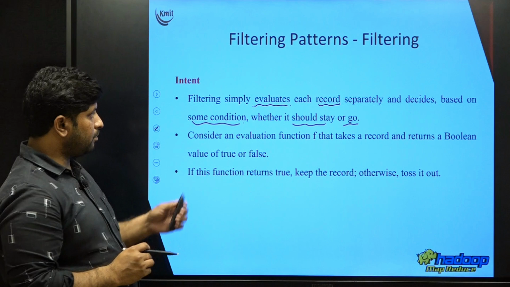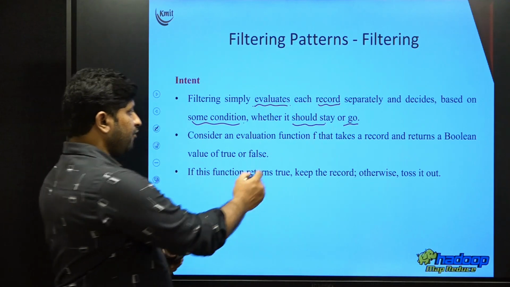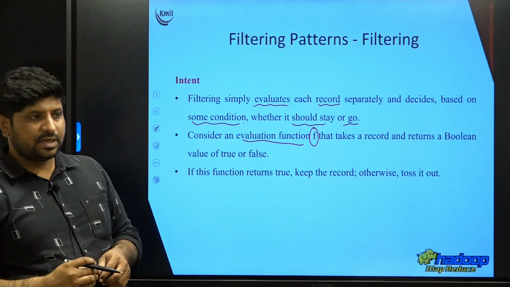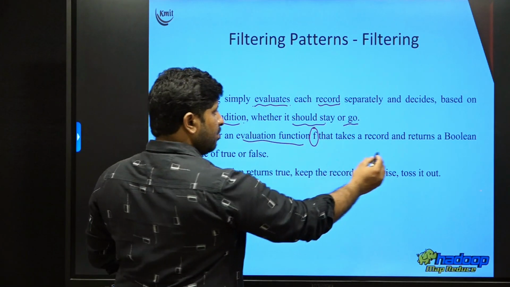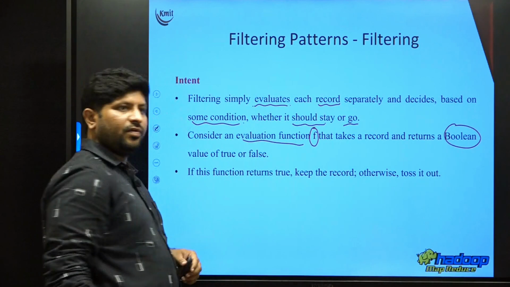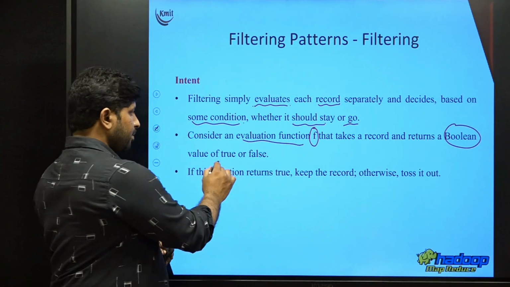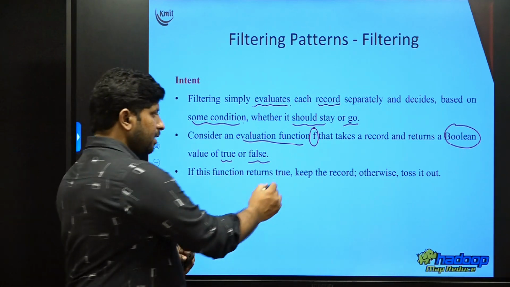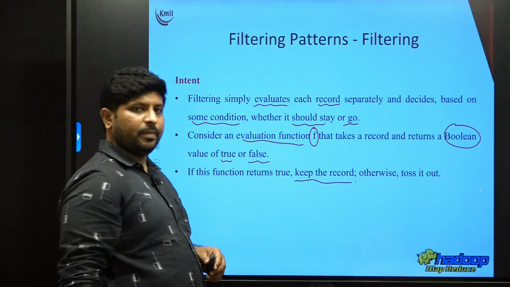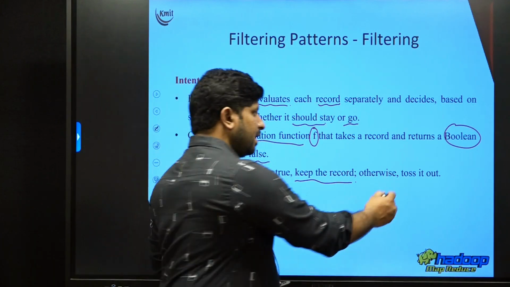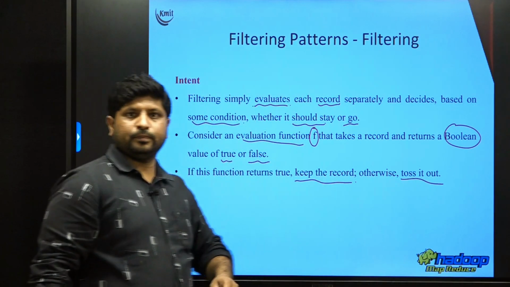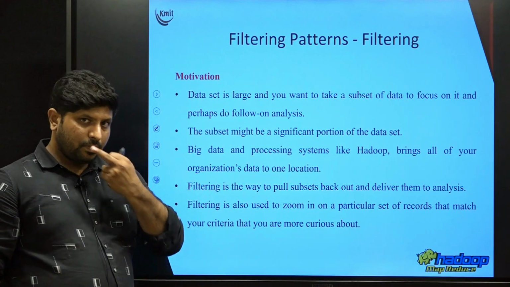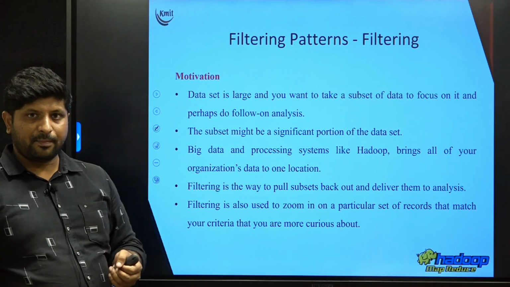Coming to this evaluation pattern, if you treat the evaluation function as f, this function will return a Boolean variable, which might be true or false. If the Boolean is true, then it has to retain the record, otherwise if it is false, then it has to let that record go. This is the simple thing which generic filtering will apply.